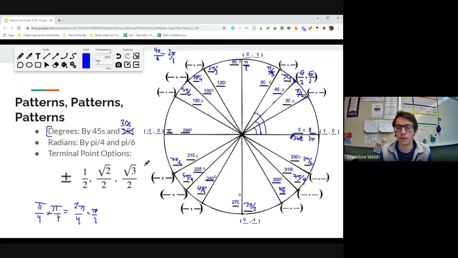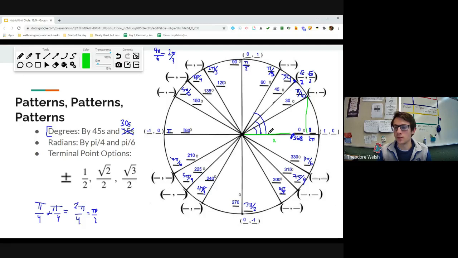And our 1/2 and root 3 over 2, I know that those just go with pi over 6 and pi over 3, and they have to be in some different order. The way that I think about it is by using triangles. I know the square root of 3 over 2 is larger than 1/2. So if I think about this point here and the triangle it creates, I just look at the x and y value of the triangle.